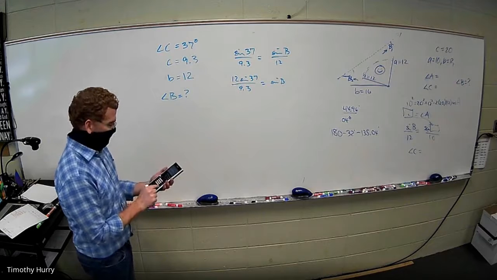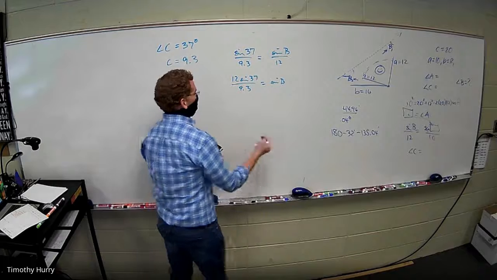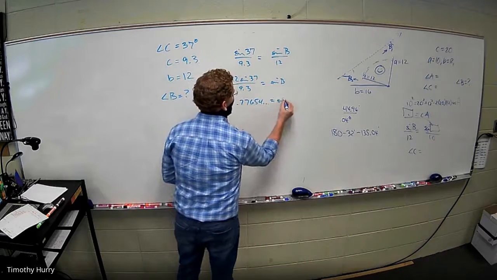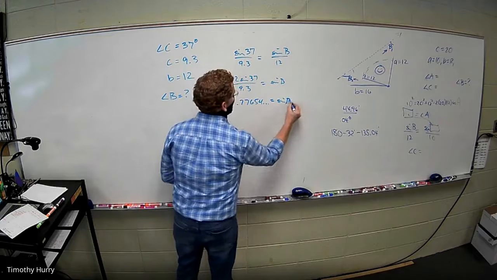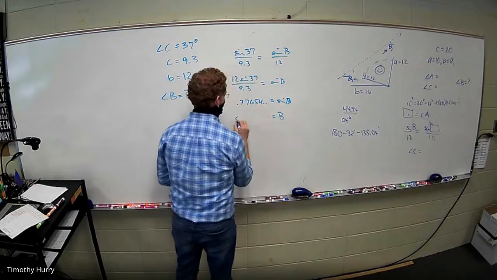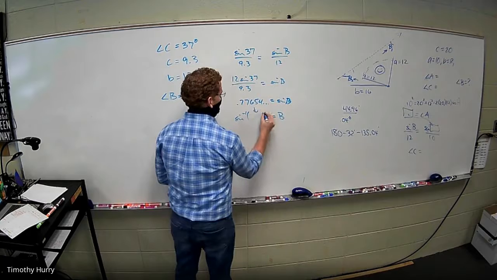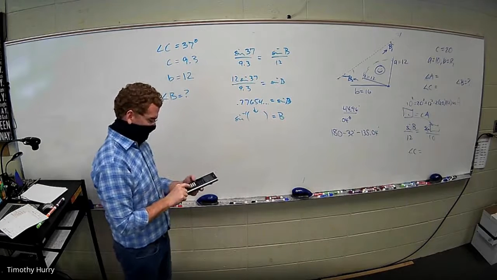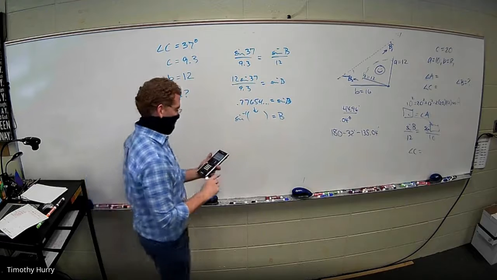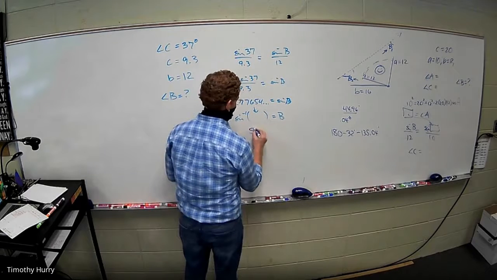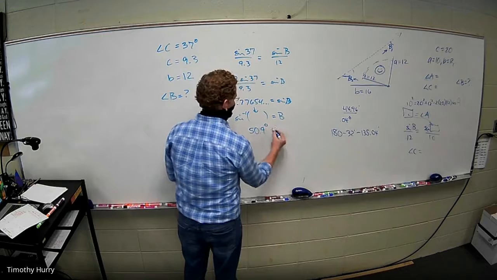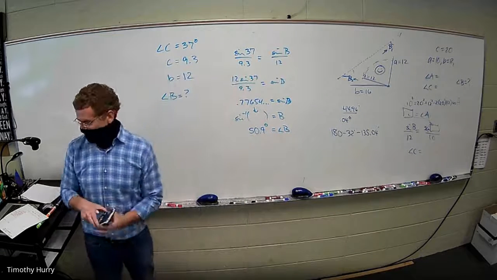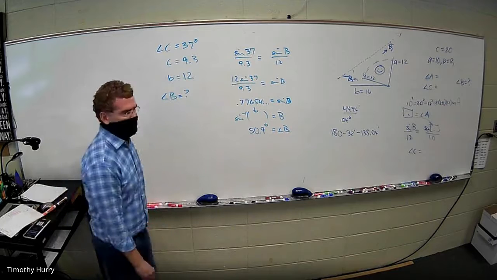And when I do that, it spits out 0.77654-ish. And then I'm going to inverse sine that answer. And it gives me, I'm just going to round to tenths, 50.9 degrees. And they circle that, and they move on to the next question.